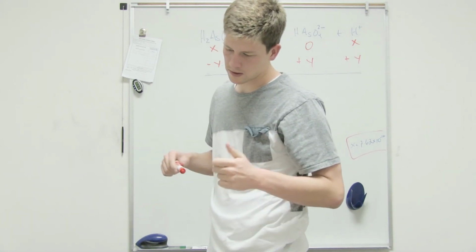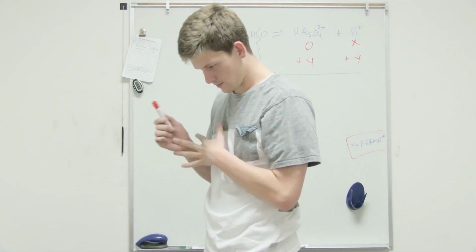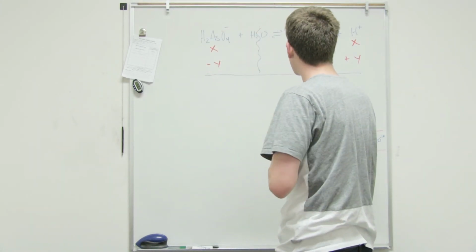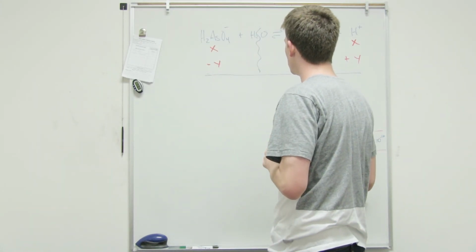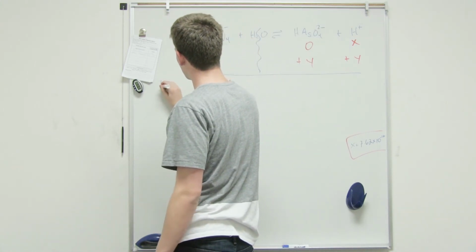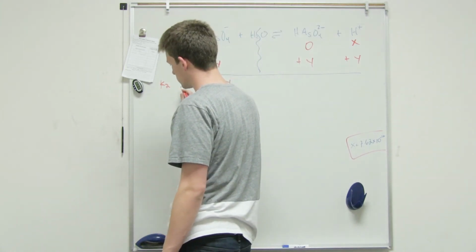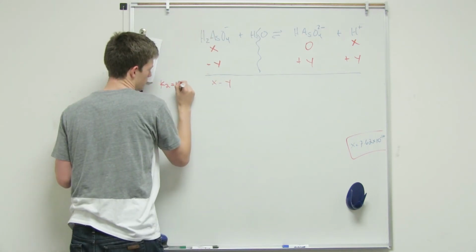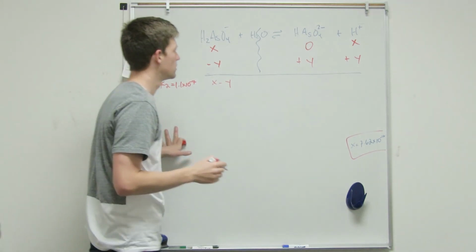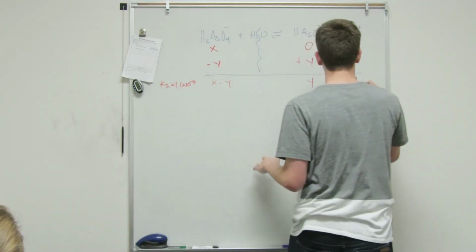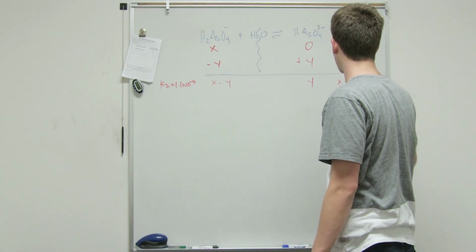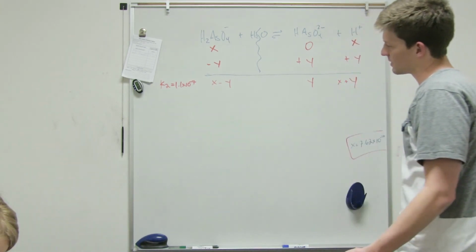Okay, so then for this one, equilibrium would be X minus Y. What is our K? 1.1 times 10 to the negative 7. Okay, so then we get a Y and a Y. Oh, X plus Y. So here's my thing.